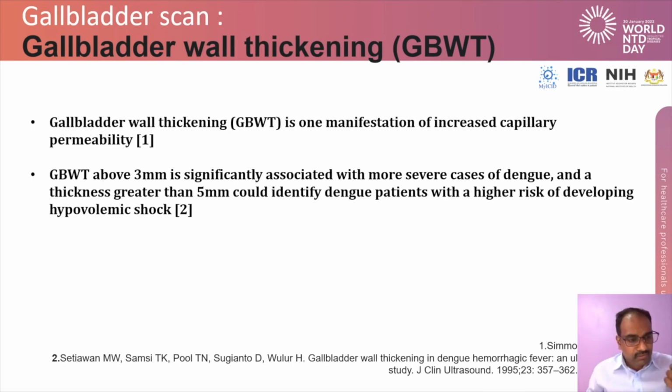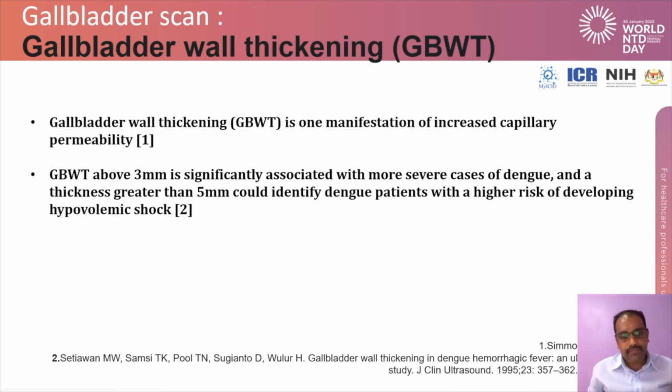Sometimes it's contracted after a meal, and the measurement is very minute. It's 3 mm and towards 5 mm, so the difference is about 1 mm or 2 mm, and is easily mistaken by the operator.